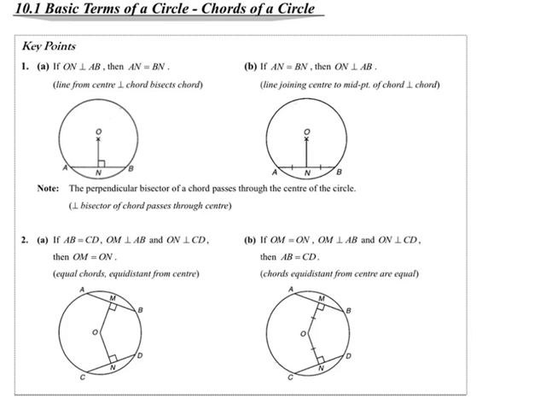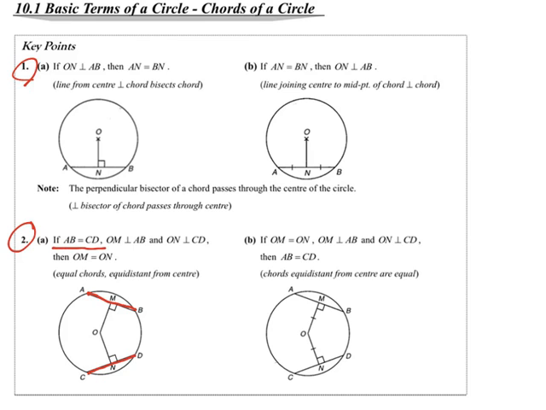Next, we'll look at the second property. Actually, it is the extension of property 1. This time we'll consider two chords, chord AB and chord CD.